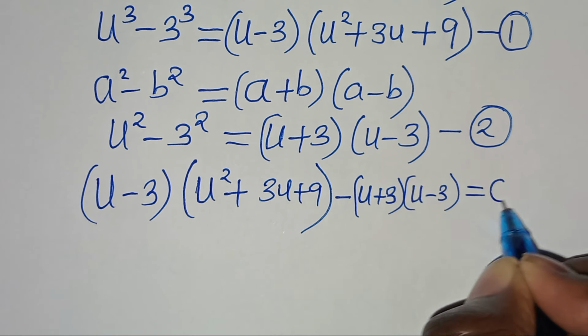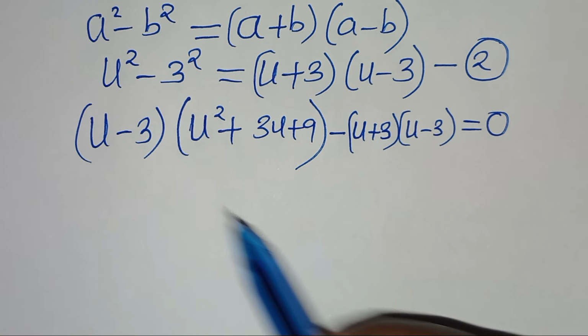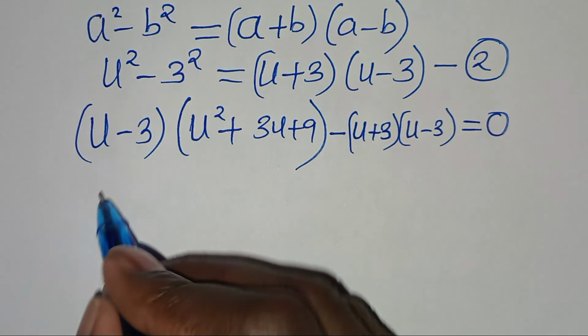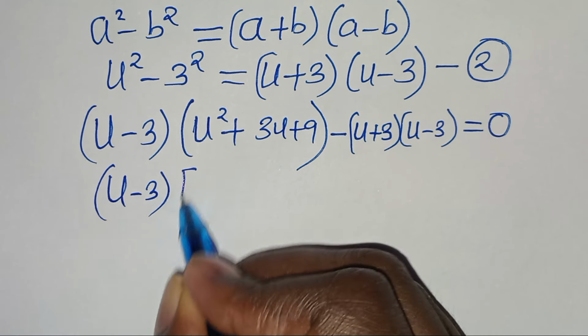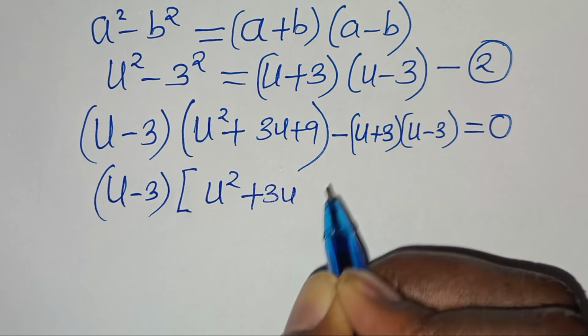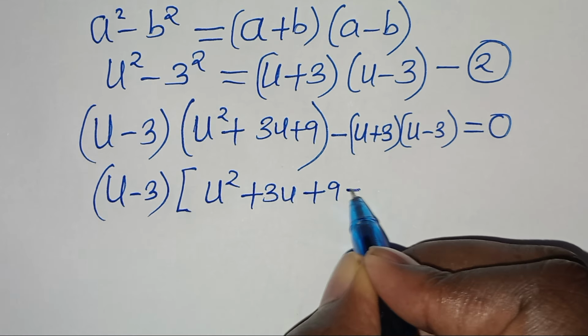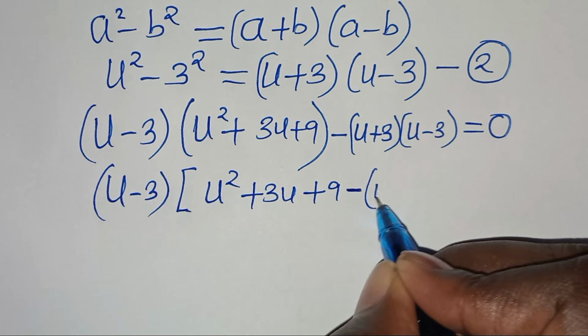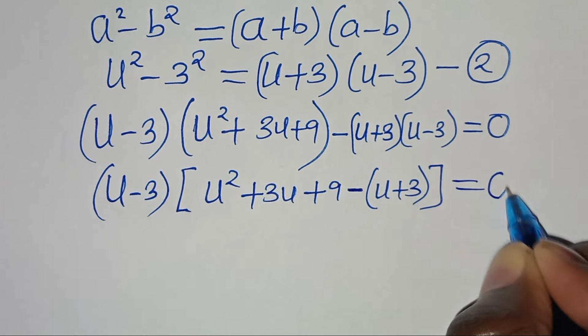This is equal to 0. We have that u minus 3 is common here, so we can factor out u minus 3 into the parentheses. This is u squared plus 3u plus 9, then subtract u plus 3, close the parentheses. This is equal to 0.